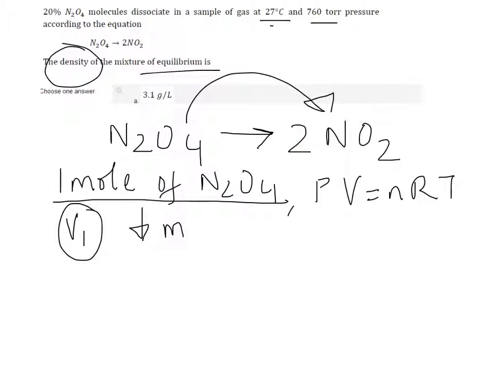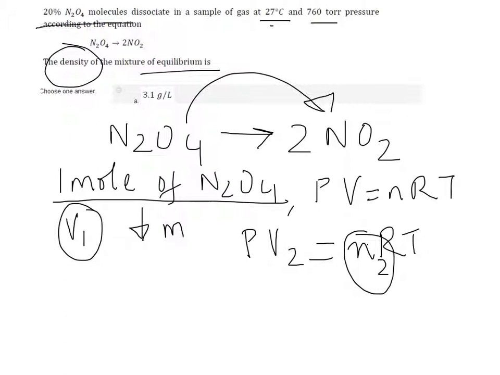Now, if you apply this equation one more time, PV2 equals n2RT. Pressure is the same. Now you can find how many moles are formed if 20% of the N2O4 molecules dissociate.